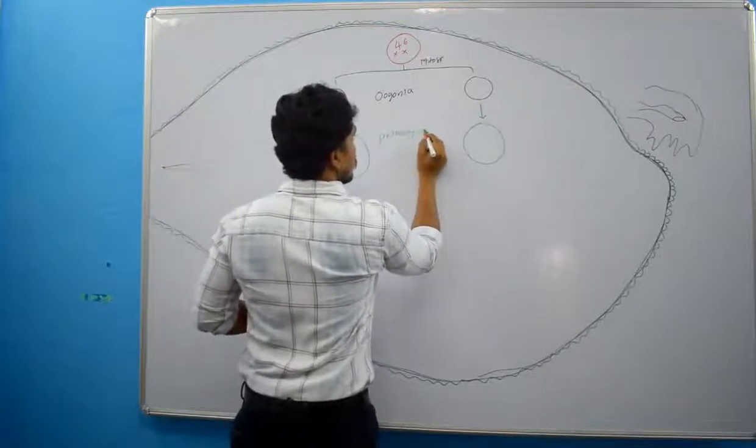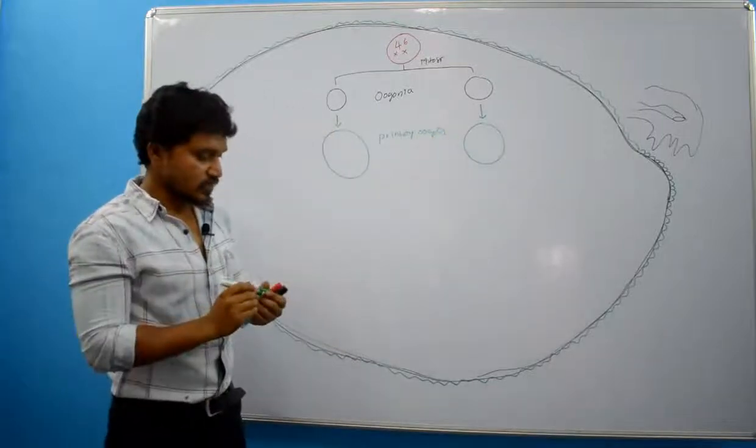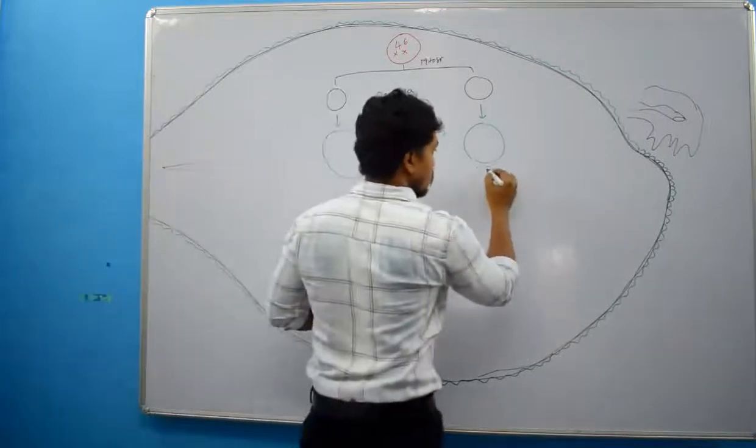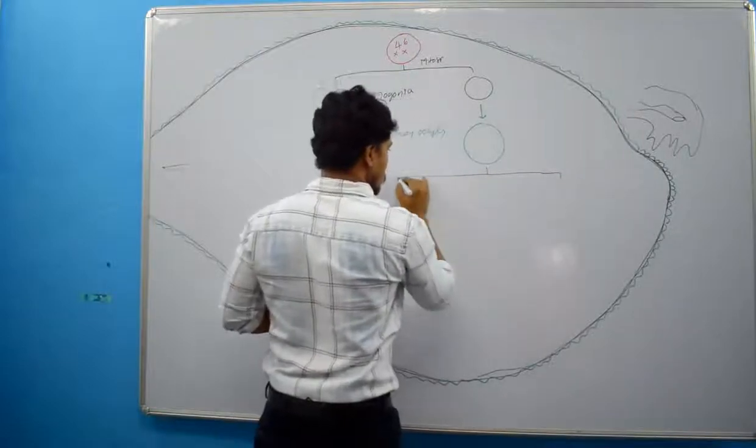Primary oocytes. These primary oocytes undergo meiotic division now. Actually, you know, meiosis contains two phases, meiosis 1 and meiosis 2.